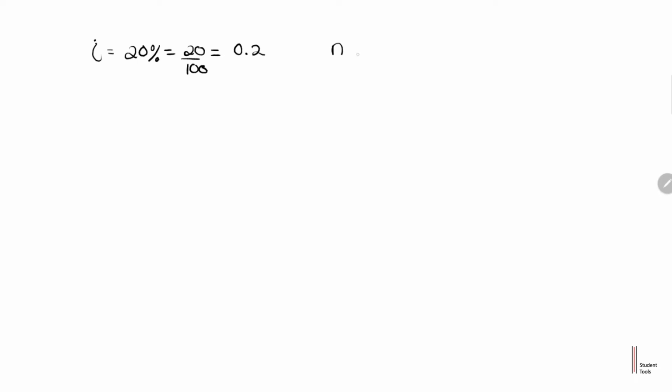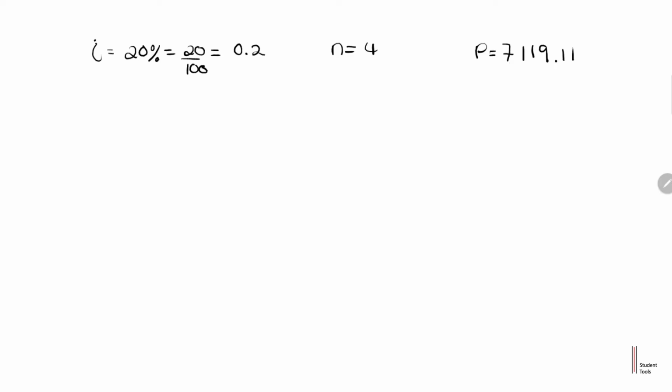And on 1.1.1, we actually got that Tyler has a balance of 7,119 and 11 cents. So that will be our principal amount.